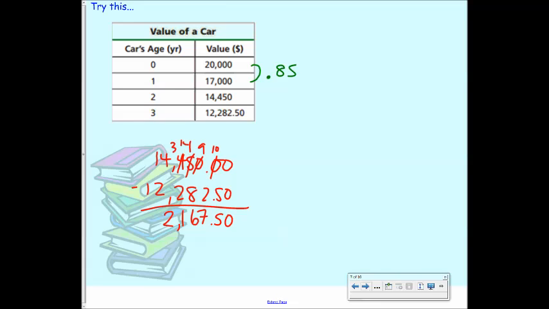And then I want to do 14,450 divided by 17,000. So we just kind of work backwards. That gives us 0.85. So do I really need to keep going or can I assume here? I'm going to assume. Okay, let's keep going. 12,282.5 divided by 14,450.